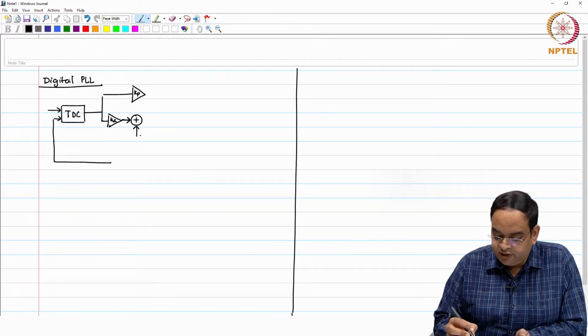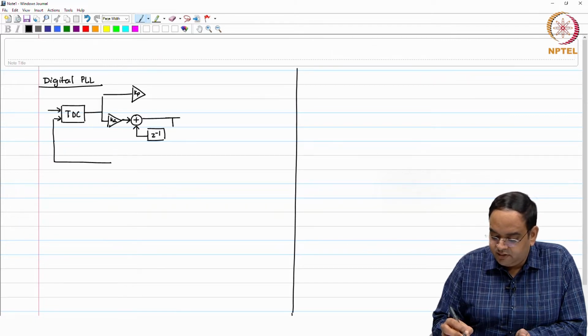So you have an accumulator like this, where this is Z inverse which models the delay, and this is the accumulated value.